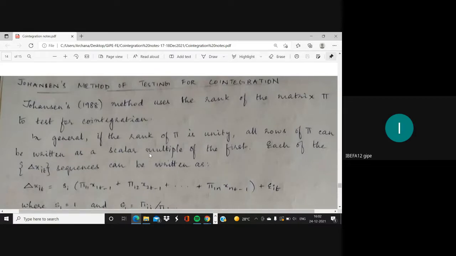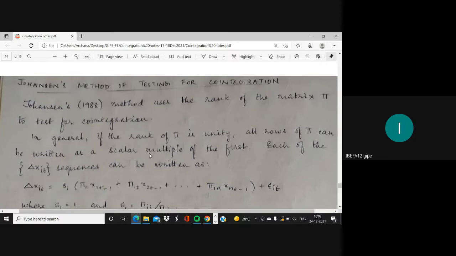Until then, what you basically need to understand about this test is that it helps us find the elements of the pi matrix, which will give us the co-integrating vectors. Also, based on the number of non-zero characteristic roots, you can draw conclusions about the rank of this pi matrix and how many co-integrating vectors there are.